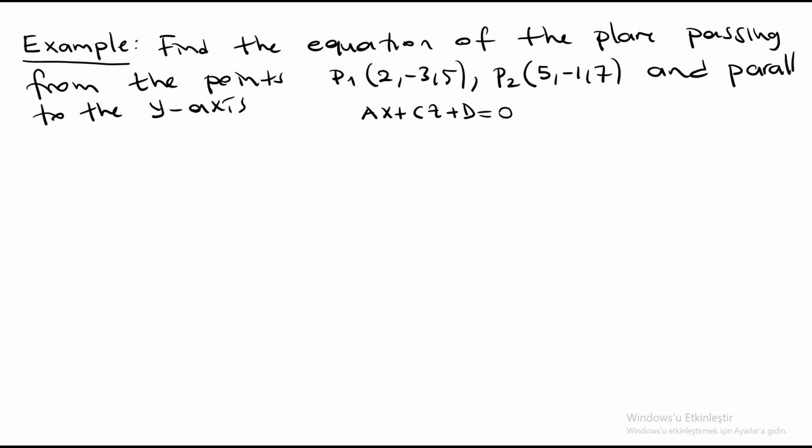Okay, let me continue here. Now our points should satisfy this equation. So if you put the first point in this equation, you have 2 times A plus 5 times C plus D equals 0. Also, we have 5 times A plus 7 times C plus D equals 0.